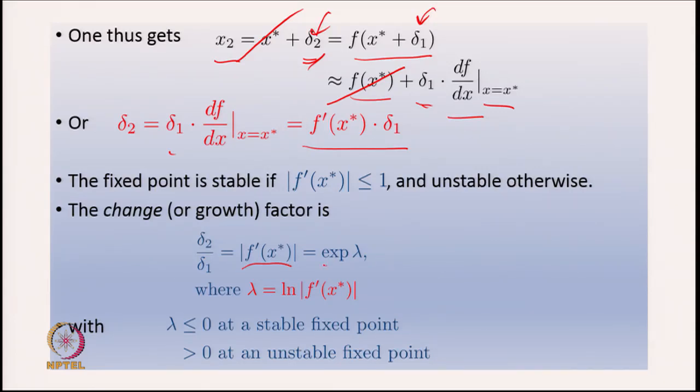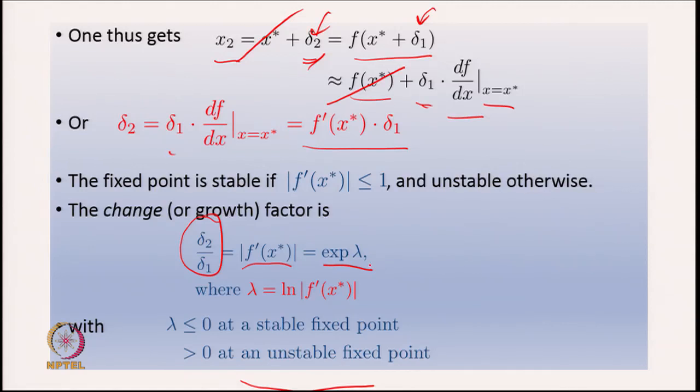If I were to write this as the exponential of a quantity lambda, where lambda is just the logarithm of the modulus of f prime of x star, then this factor delta 2 by delta 1 will be less than 1, namely it will shrink, if lambda is less than 0, and it will grow if lambda is bigger than 0.